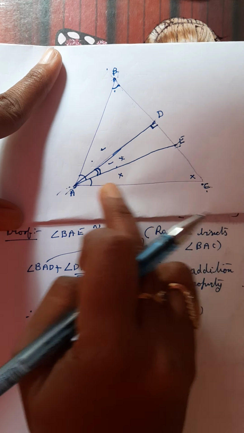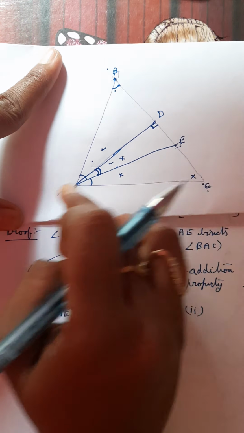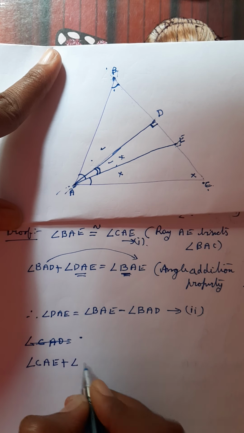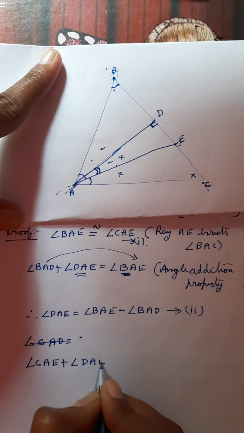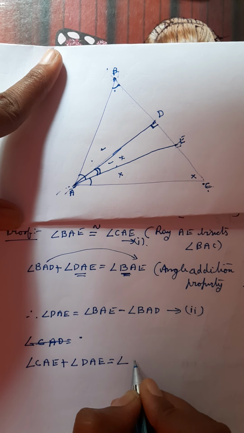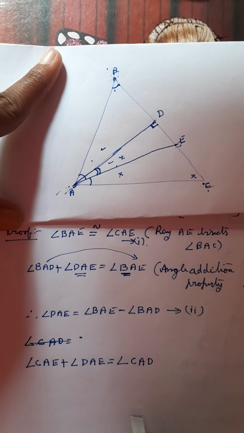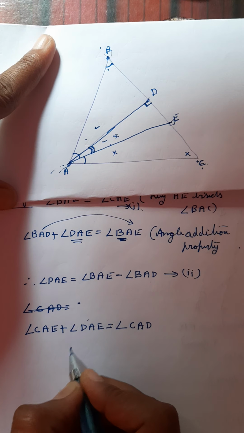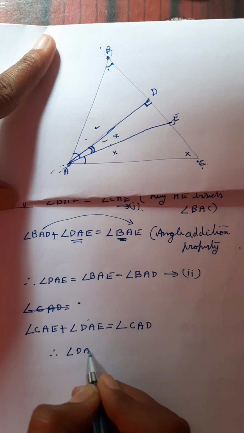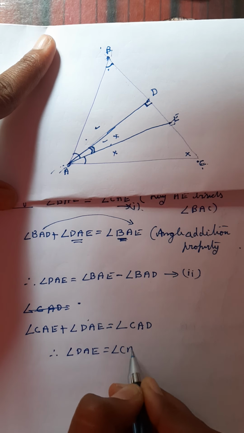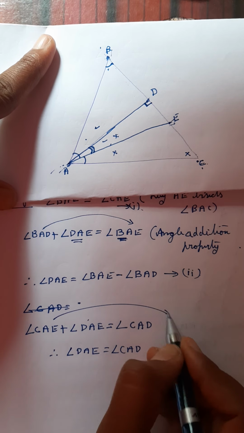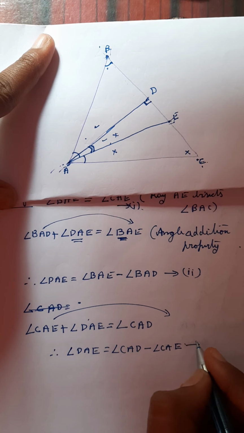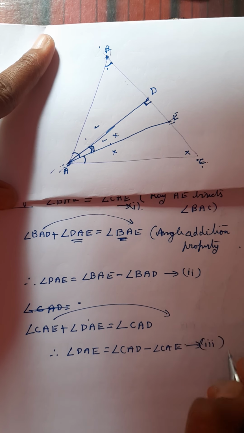So angle CAE and angle DAE. Angle CAE plus angle DAE is equal to angle CAD. So here also the main angle is DAE. So DAE we will keep as it is. DAE is equal to angle CAD, and taking this to the other side, here it becomes minus CAE. Consider this as equation 3.